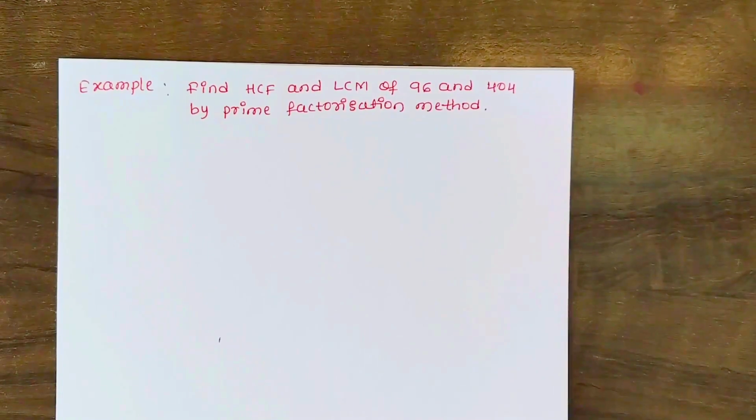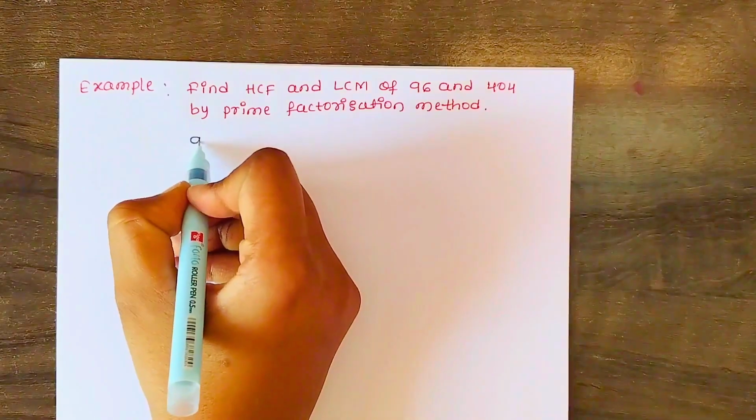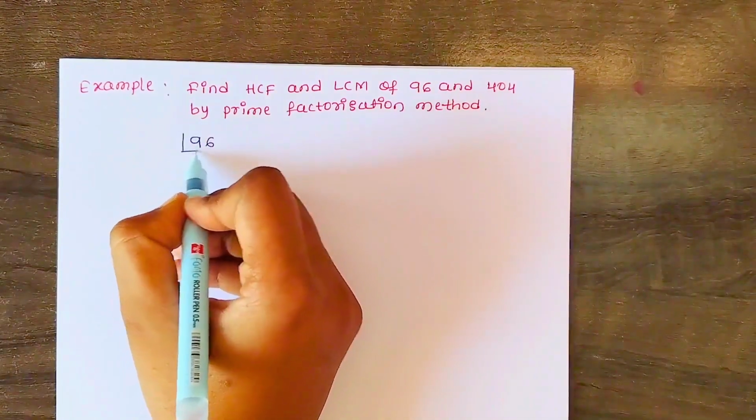Consider the second example. Find the HCF and LCM of 96 and 404 by using the prime factorization method. Again, get the factors of 96 by using prime factors.